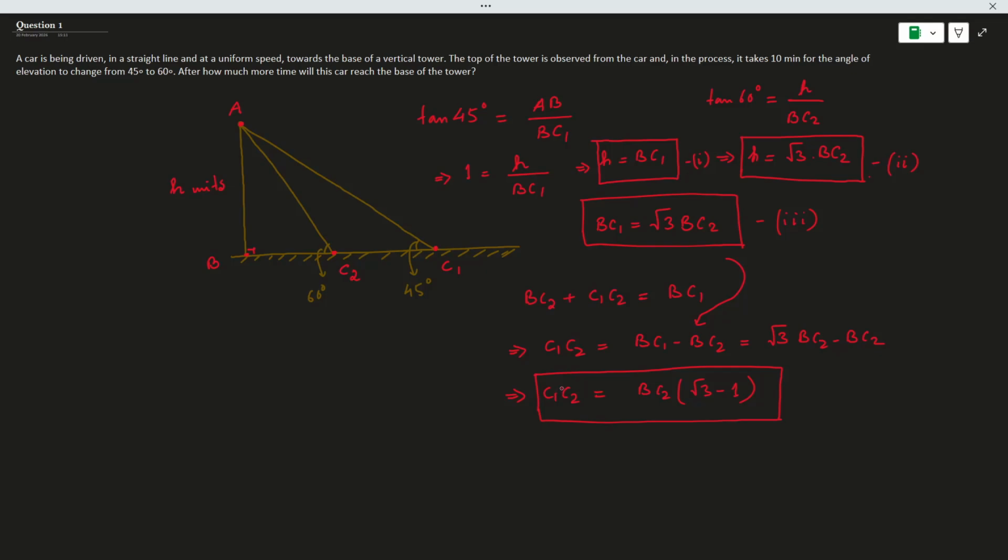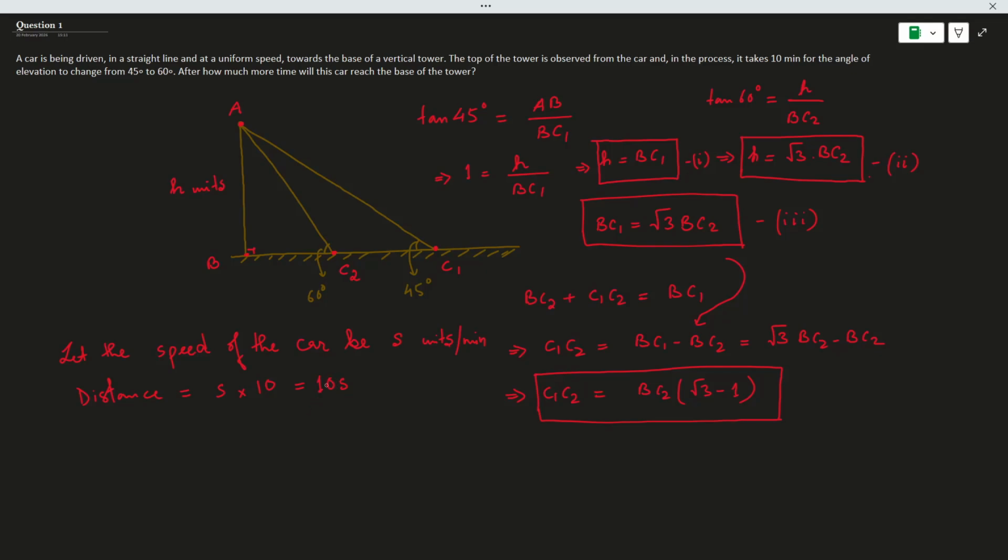From this, we also have one more piece of information: the car takes 10 minutes to travel from C1 to C2. Suppose the speed of the car is s units per minute. What will be the distance traveled in 10 minutes? Speed into time is equal to 10s.